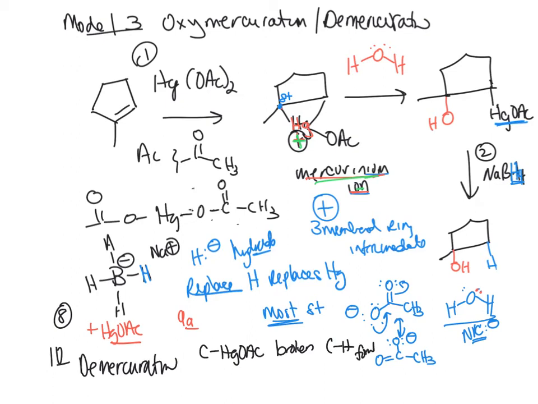And that is showing you that right here. So this carbon-mercury bond is being broken, and then the carbon-hydrogen bond is being formed. This is called demercuration. Once your group has reached consensus on the above questions, discuss what product would result if the reaction in Model 3 was conducted in methanol.